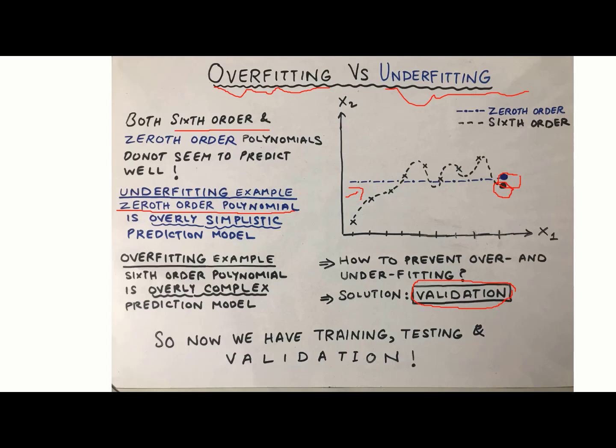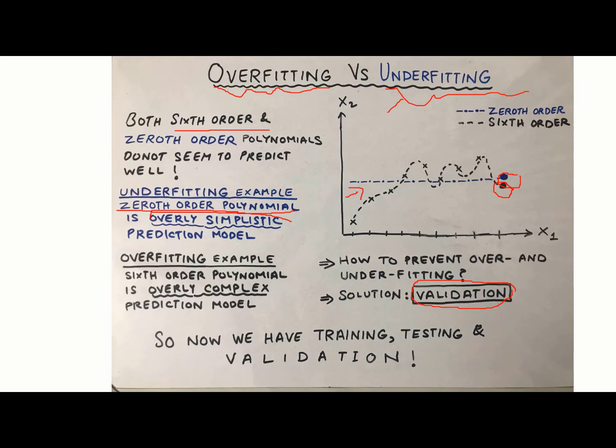So the 0th order polynomial is overly simplistic, and the 6th order polynomial is overly complex. And these two correspond to the case of underfitting and overfitting. And both these situations are bad as far as prediction is concerned. So how do we avoid overfitting and underfitting?